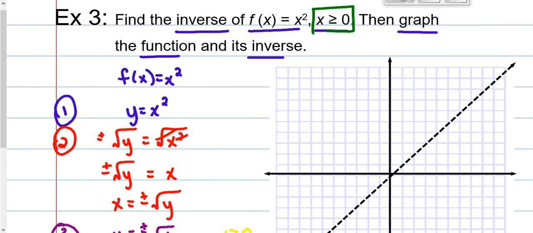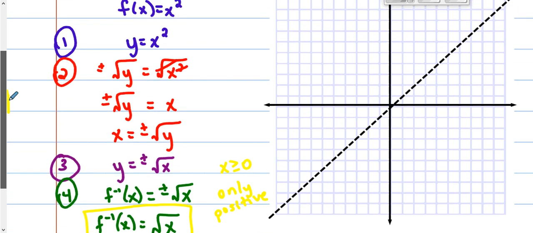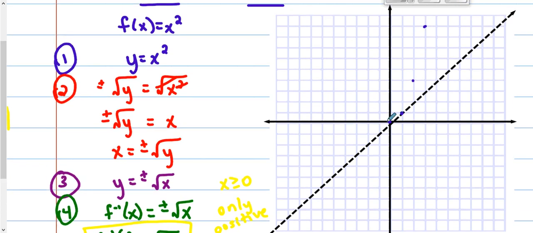So when I graph that, and you can look at the table to get your points, but when I graph the original function, I have 0, 0, 1, 1, 2, 4, 3, 9, and we'll stop there. Go ahead and graph that. So this is my f of x.